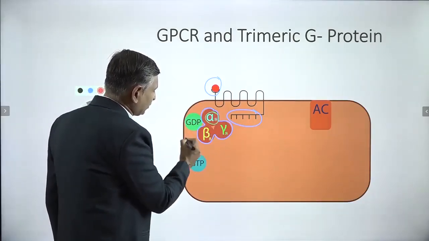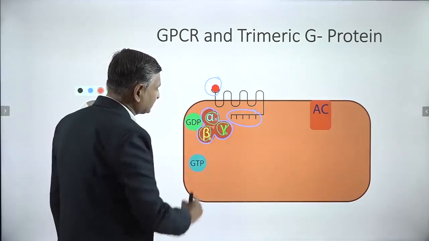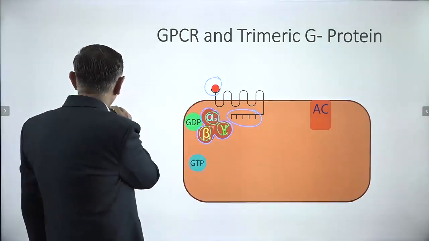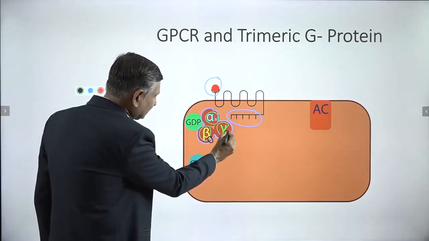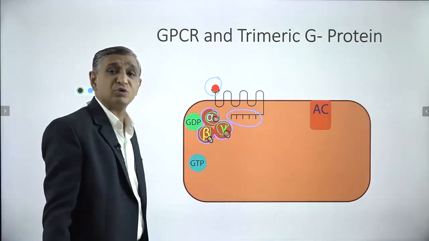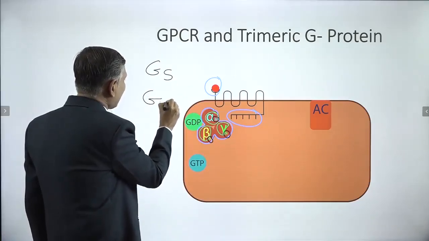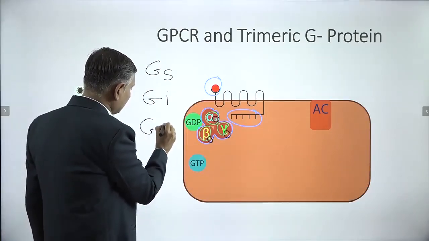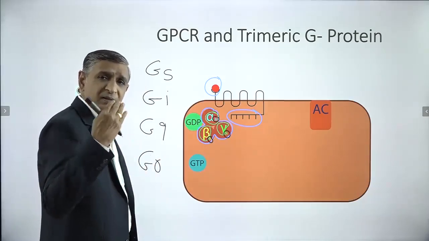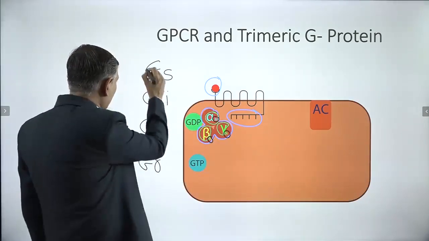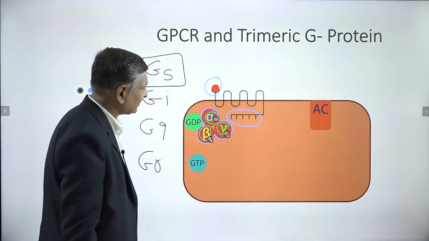This is the alpha subunit, this is the beta subunit, and this is the gamma subunit. You will note that S is written there. S stands for stimulatory. There are GS, GI, GQ, and GO subtypes of GPCR. We are today considering this GS subtype of this receptor.